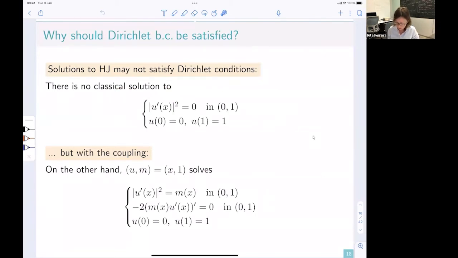But if we add a coupling, as in the mean field games, and here is the corresponding Fokker-Planck equation with this coupling, in which case we are in the mean field game at hand, then actually we have a smooth solution, a classical solution that does satisfy the boundary conditions.